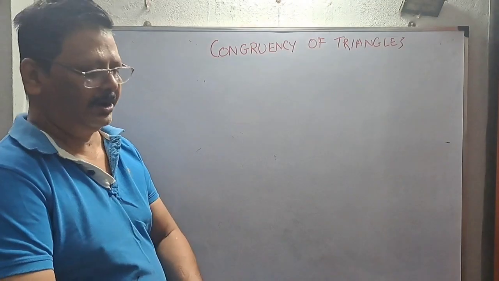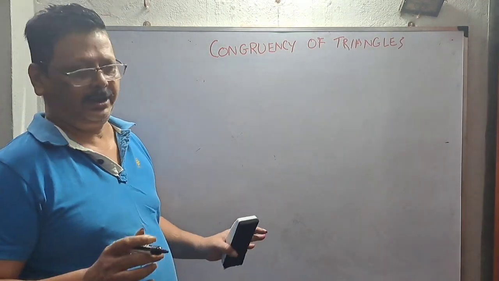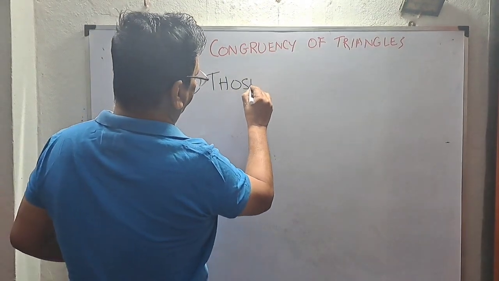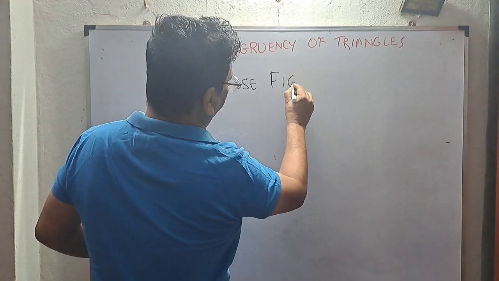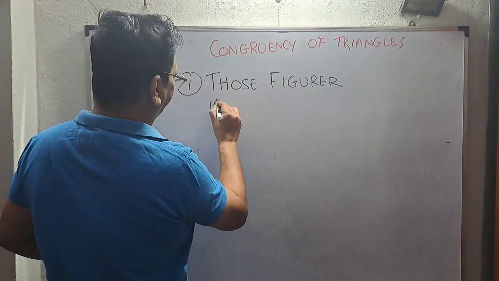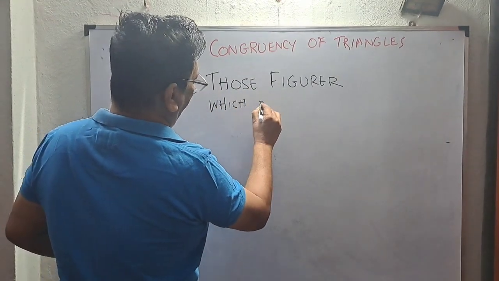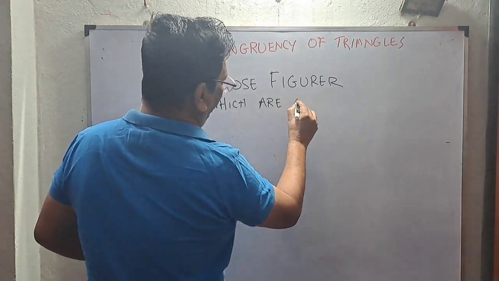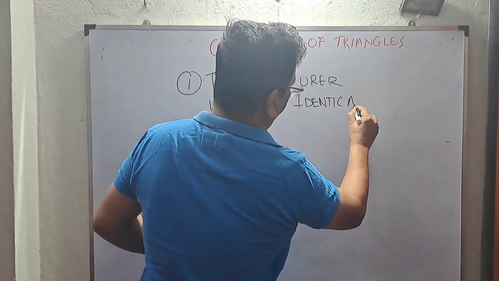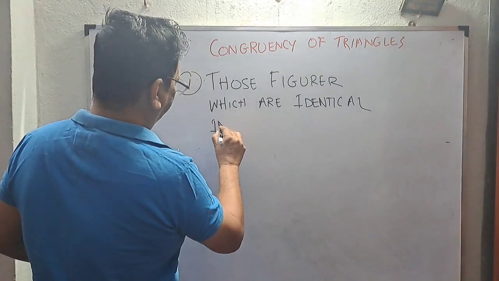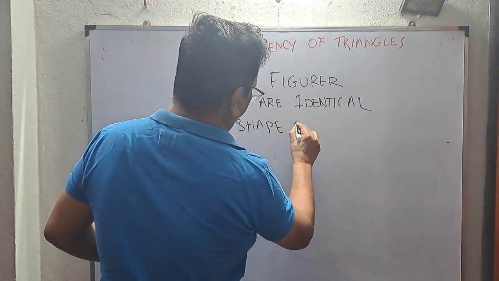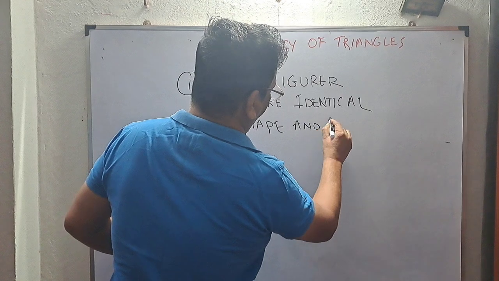In a nutshell, for congruent shapes, number one, those figures which are identical in shape and size.